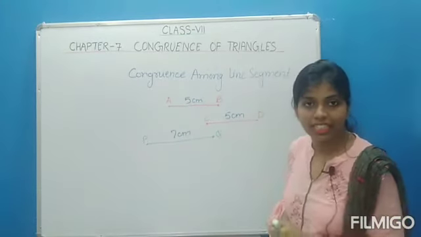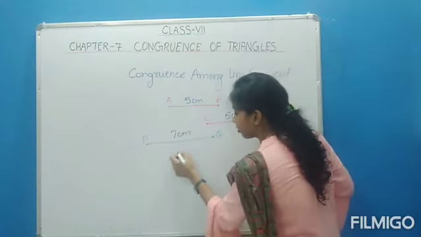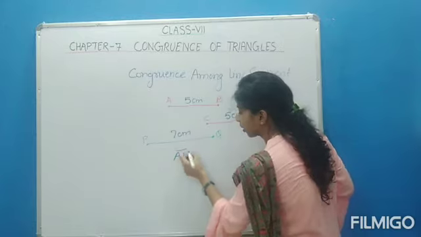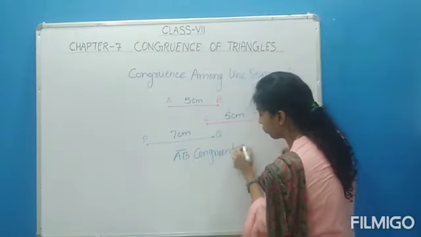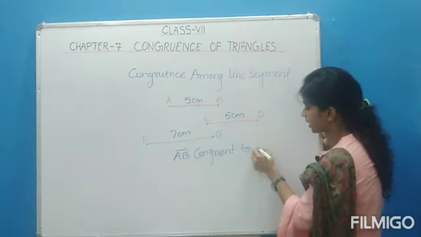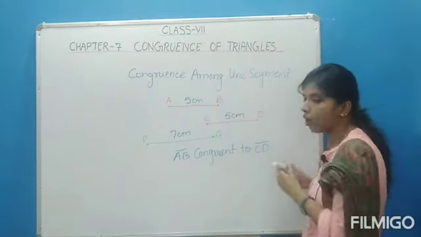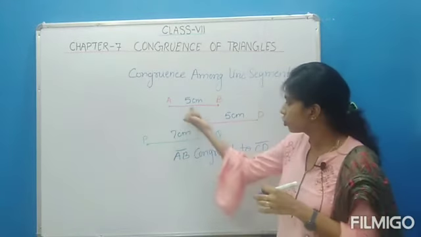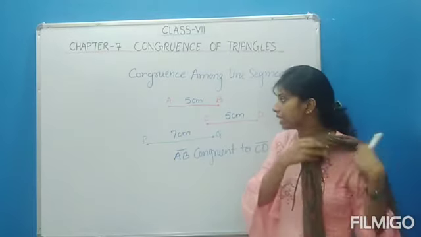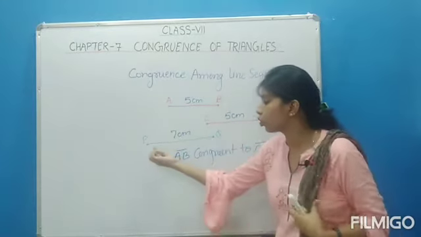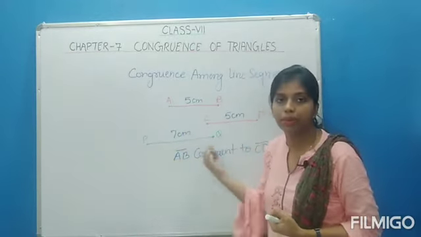So here we can say that line segment AB is congruent to line segment CD, because these two line segments have equal length. Is line segment AB also congruent to line segment PQ?